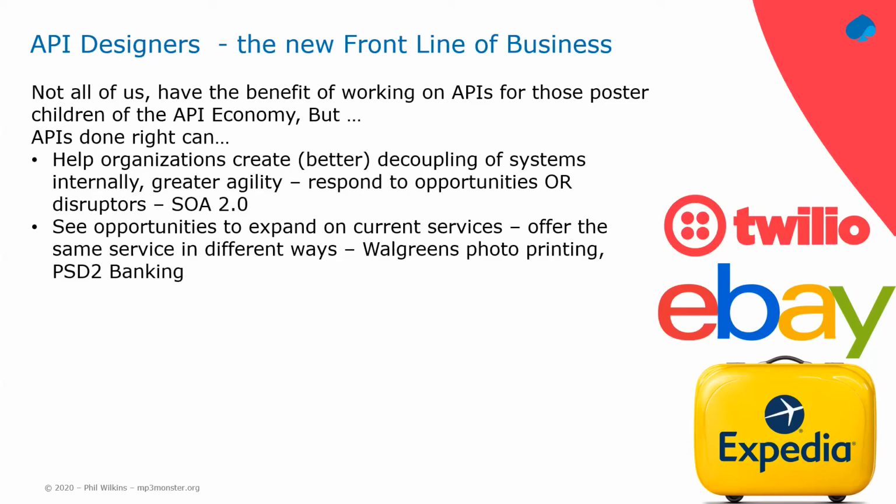Suddenly they found they had a leap in the service use because people were picking up the API, writing tools around mobile phones and things like that. So you could take a photo and literally zap it over to Walgreens to be printed. So you walk in and collect it there and then. And they saw a huge jump in their revenue take for the photo printing services.